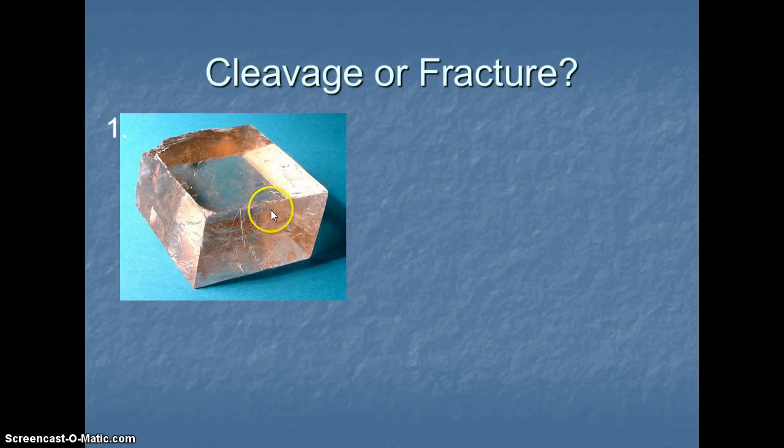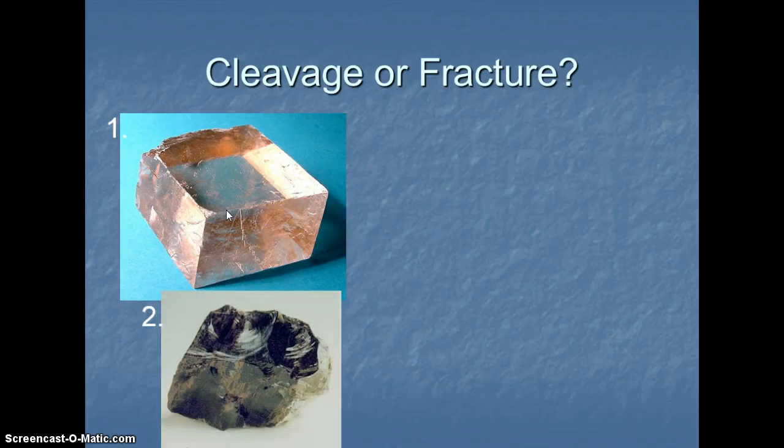So this one, do you think it would have cleavage or that it would have fracture? And the answer is that this would have cleavage. It would break off in nice flat pieces. This one here, cleavage or fracture.